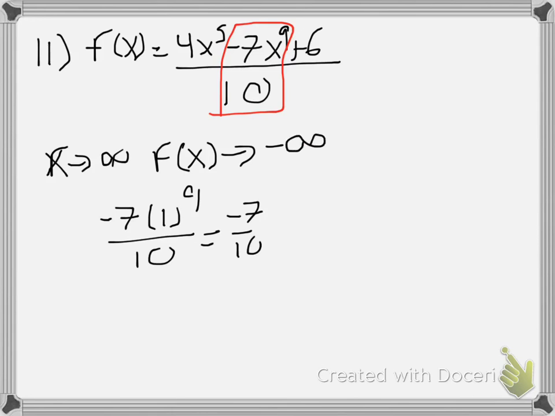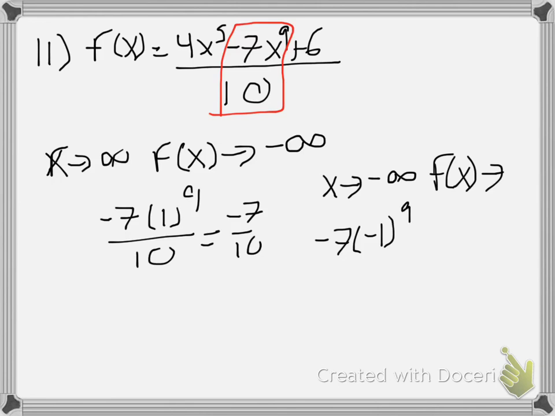And then for the other part, as x approaches negative infinity, f of x approaches what? Well, I've got negative 7 times negative 1 to the 9th over 10. Negative 1 to the 9th is negative 1, times negative 7 is positive 7, so I'm going to get positive 7/10.